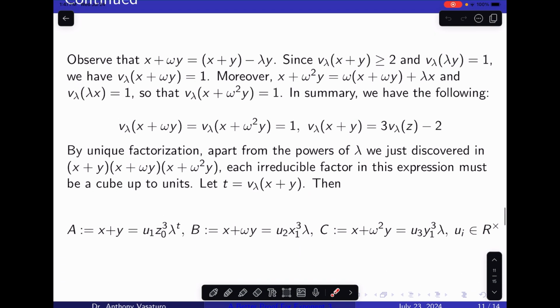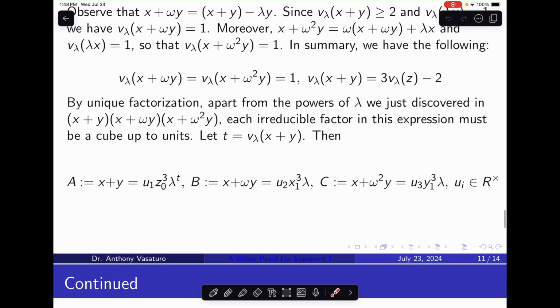Here's what we'll do. We'll let t be the number of times lambda divides x plus y. We don't exactly know what that is, just that it's at least 2. Let's call a = x plus y, b = x plus omega y, and c = x plus omega squared y, these three terms.